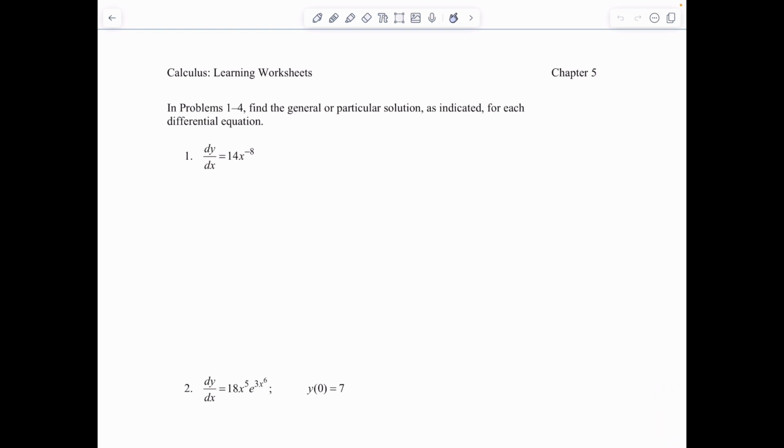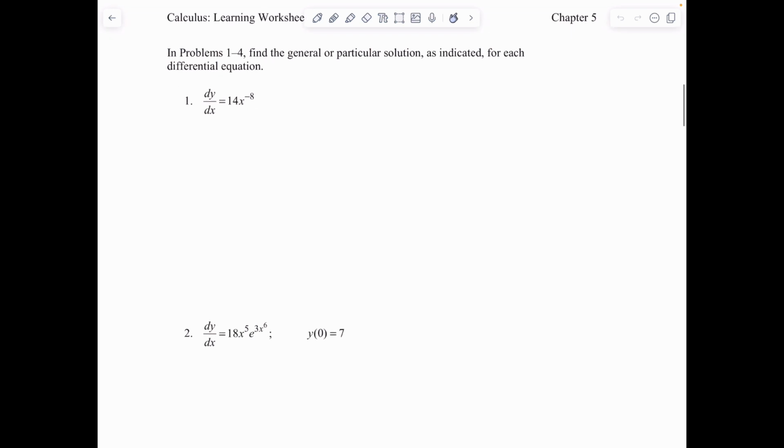Okay, so let's use some of these models in our talk about growth and decay. In problems 1 through 4, find the general or particular solution as indicated for each differential equation. So number 1, we have dy/dx = 14x^(-8). If we multiply both sides by dx, then we'll have dy = 14x^(-8) dx.